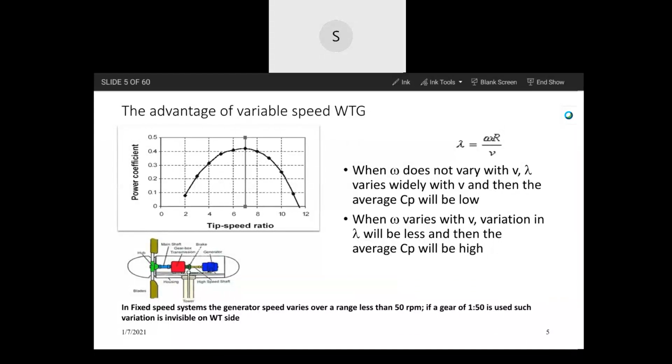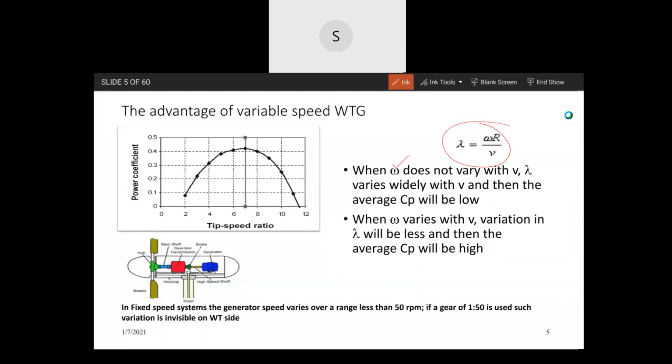We have seen lambda, that is the tip speed ratio. Now here, omega means angular speed. If that is not varying with the wind speed, the turbine operates in its usual normal operation. With a change in the wind speed, suppose the angular speed, the shaft speed, is not varying. In that case, lambda will vary widely.